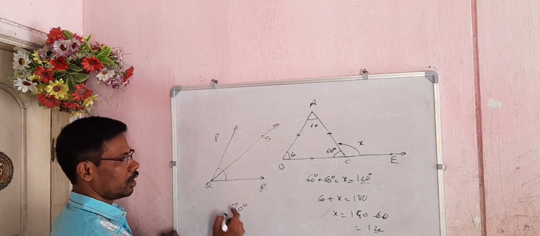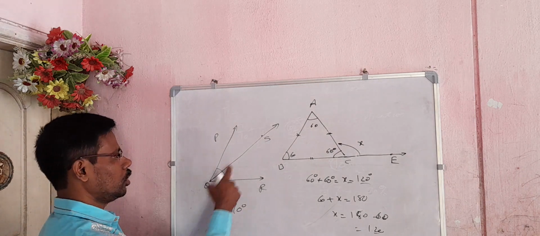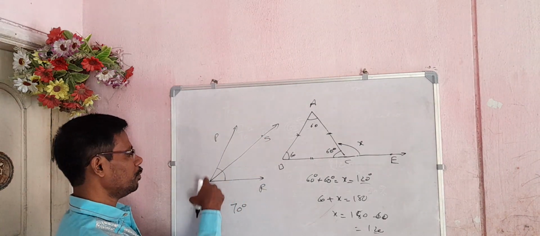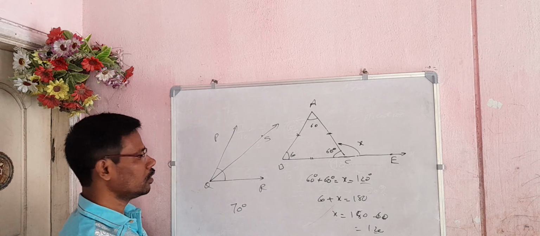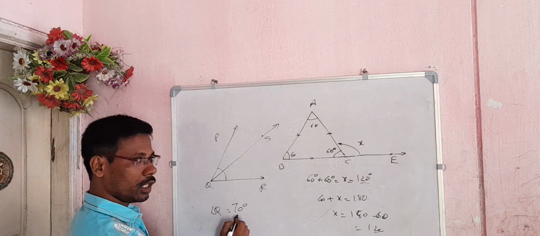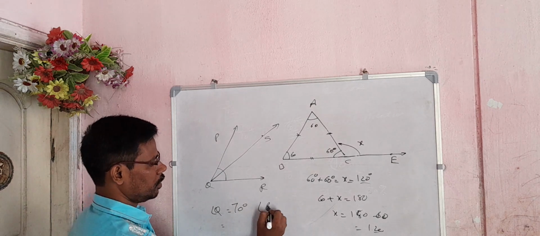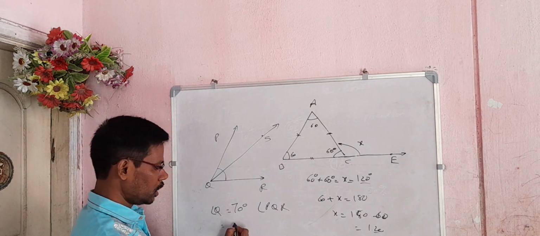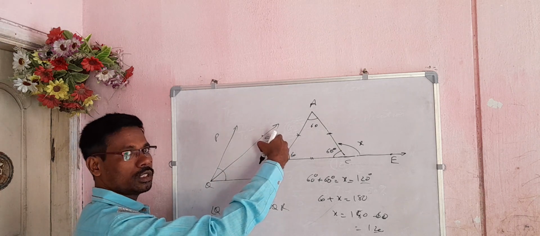Listen to the question carefully. QS is the bisector. Angle Q is equal to 70, or you can use PQR, that is also correct.